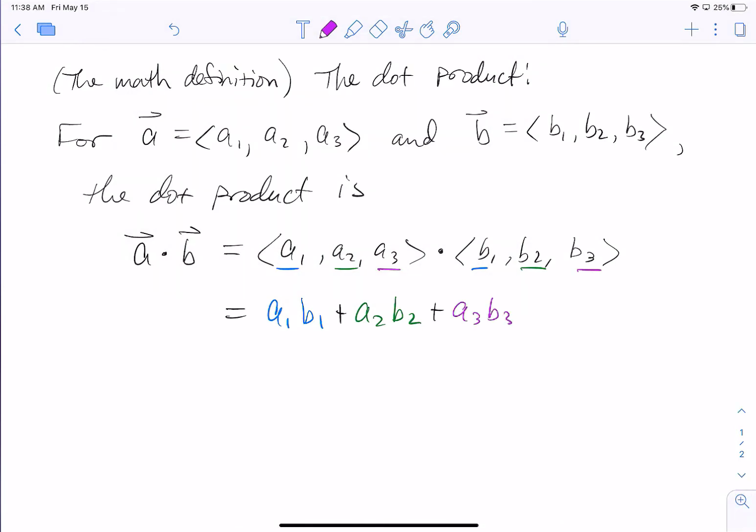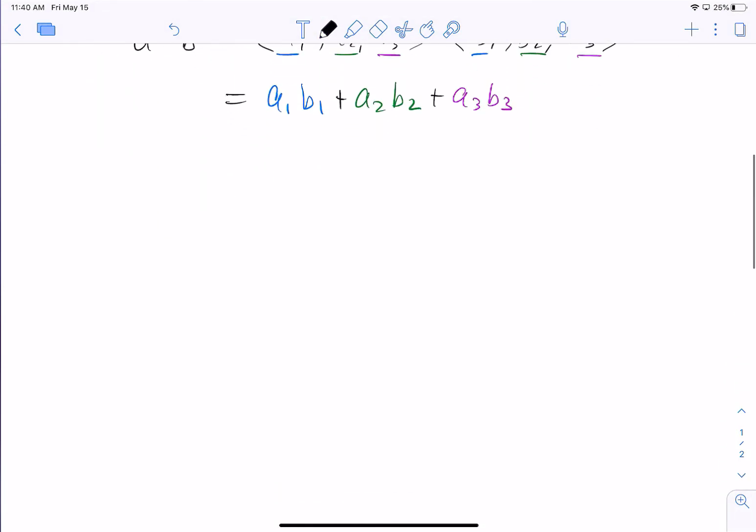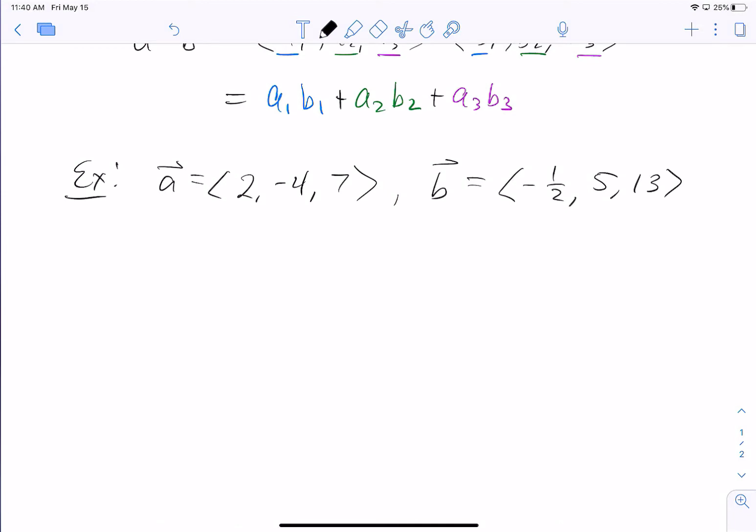As a quick example, if we let a equal the vector 2, negative 4, 7, and b be the vector negative 1/2, 5, 13, then a dot b is going to be 2 times negative 1/2, and so negative 1, plus negative 4 times 5, so that's actually going to be minus 20, plus 7 times 13, and so 91.